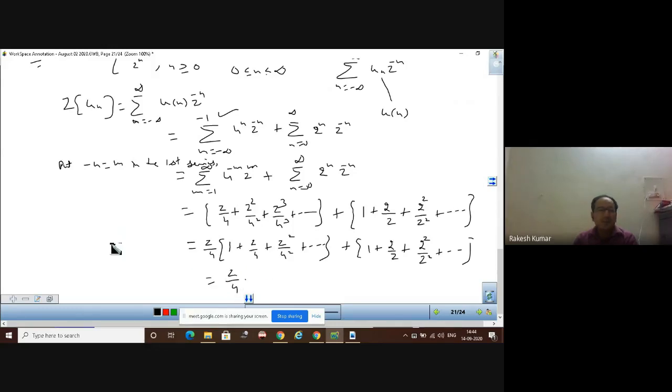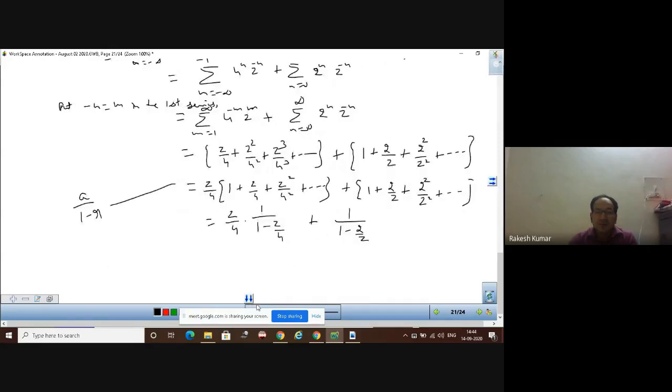The formula is a over 1 minus r, where a is the first term and r is the common ratio. That is 1 upon 1 minus z over 4, plus the next GP series will be 1 upon 1 minus 2 over z. This is the sum of the series with the help of the GP formula.